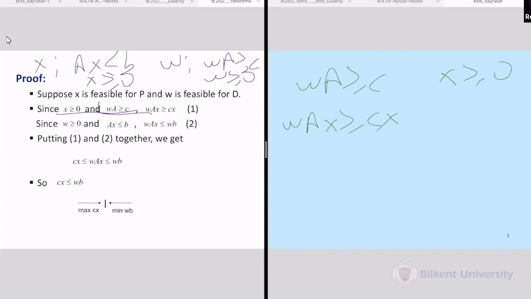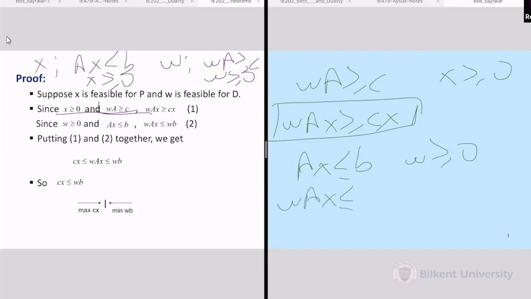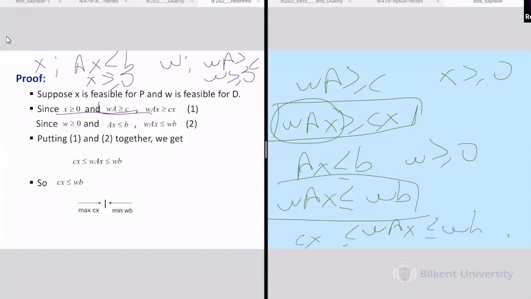I know this. What else do I know? So let's have this in our mind. I also know that AX is less than or equal to B and W is positive. It's a positive number, I can multiply it. So WAX is less than or equal to WB, right? And this is the third one. So we have just shown that this WAX is actually greater than or equal to CX and less than or equal to WB.